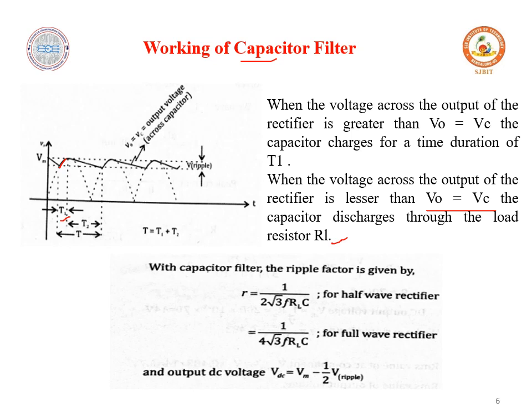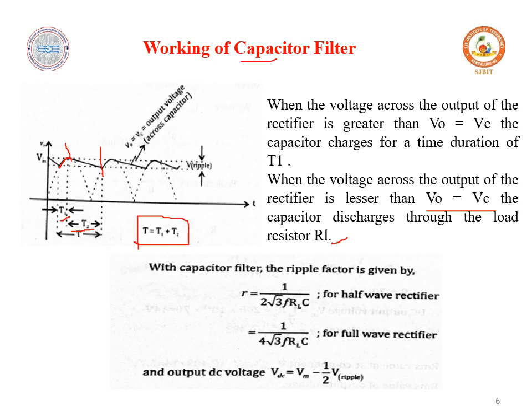So the discharging path is T2. From this point to this point is the discharging path, which you can denote as T2. So T is equal to T1 plus T2.